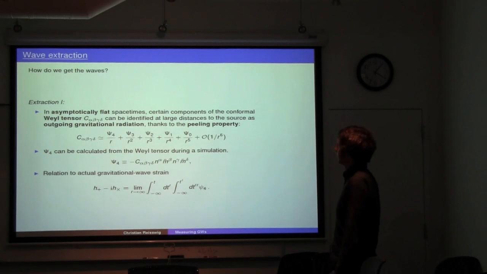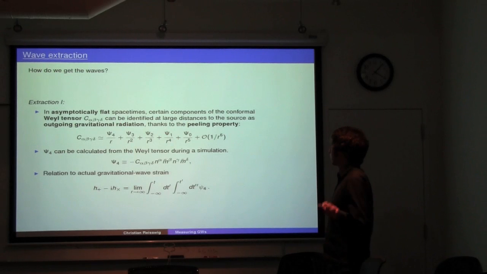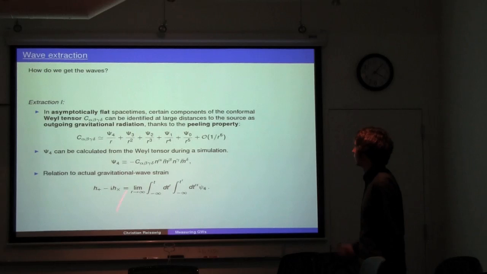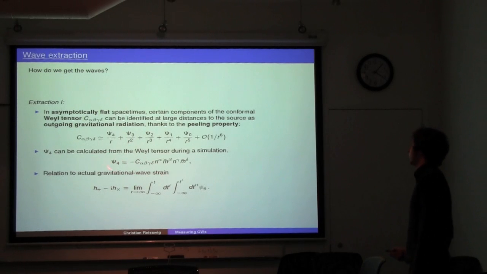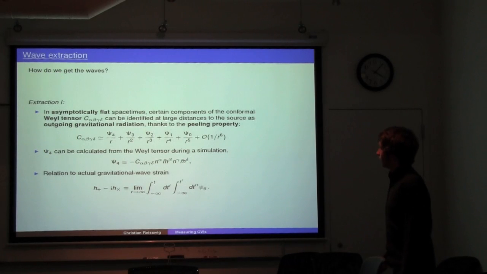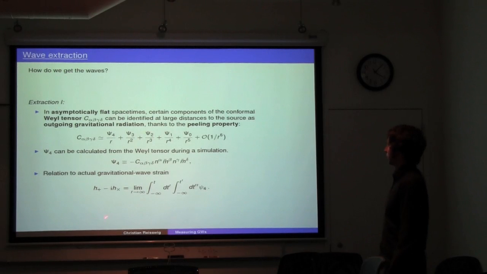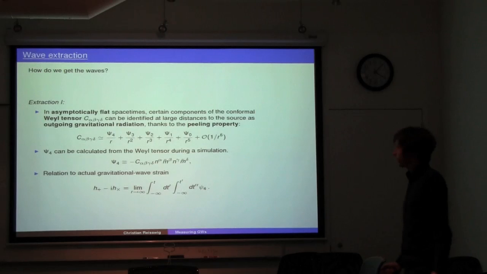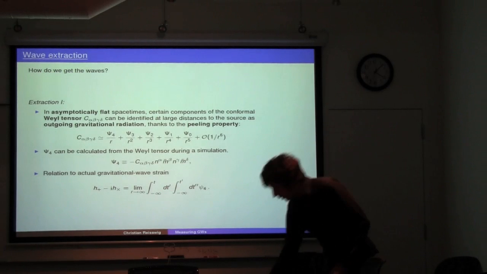It is said to be the outgoing gravitational wave field because all other components approach 0 quicker than psi4. Psi4 can be calculated everywhere in the spacetime numerically during the simulation, and at an infinite distance to the source, it can be related to the actual gravitational wave strain that we measure in the gravitational wave detector, with this expression here.